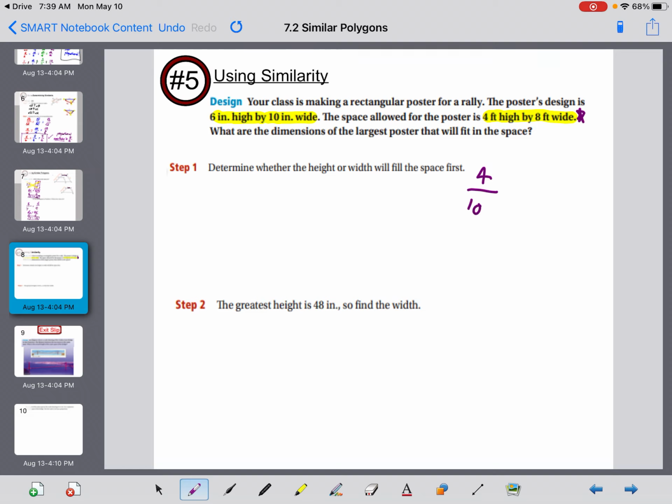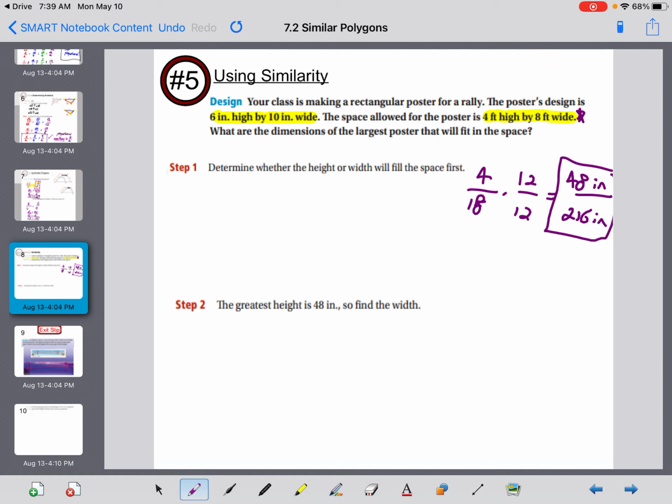So 4 over 8, you're going to multiply them both by 12 because there are 12 inches in 1 foot. So we get 48 inches, and 18 times 12 is 216 inches. Okay, so 48 by 216 is the space that we are working with.